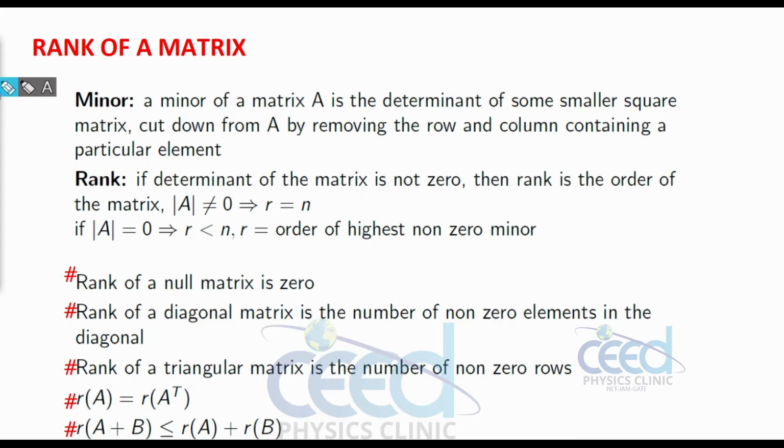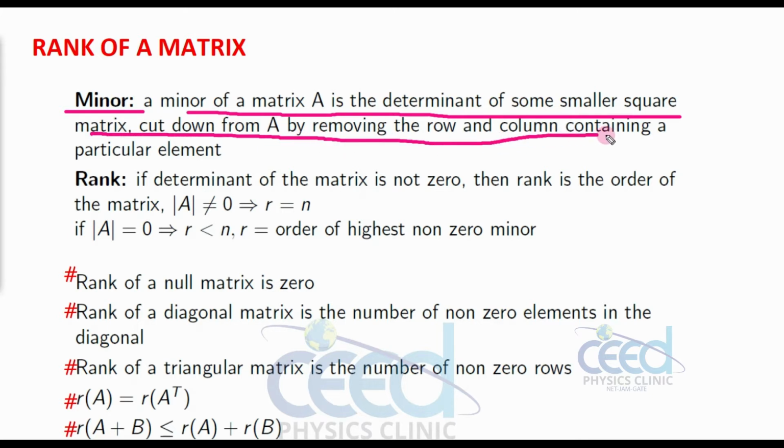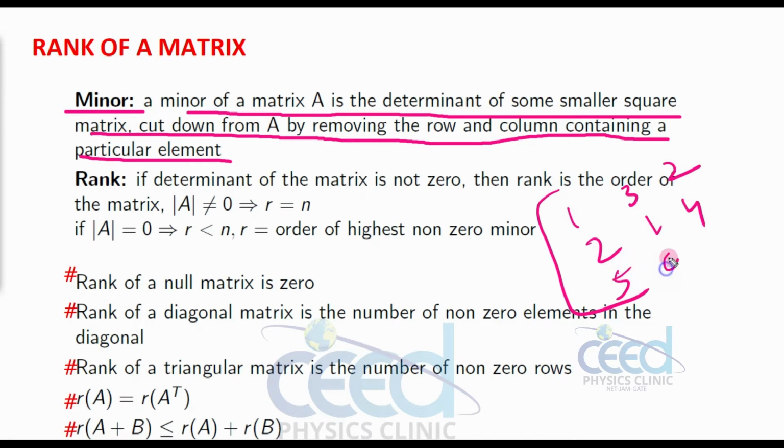So what is a minor of a matrix? A minor of a matrix A is the determinant of some smaller square matrix cut down from A by removing the row and column containing a particular element. Suppose you have a matrix 1 3 2, 2 1 4, 5 0 0.